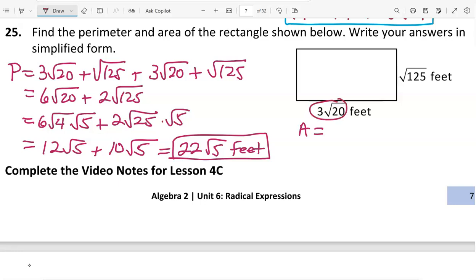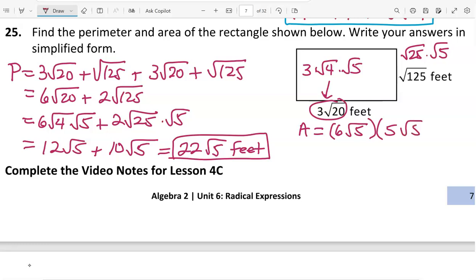So remember, this can be simplified as 3 times the square root of 4 times the square root of 5, so that's 6 times the square root of 5 is the length, and the width here is the square root of 125. Remember, that's the square root of 25 times the square root of 5, so that's just 5 times the square root of 5. So now we really have 4 things to multiply together.